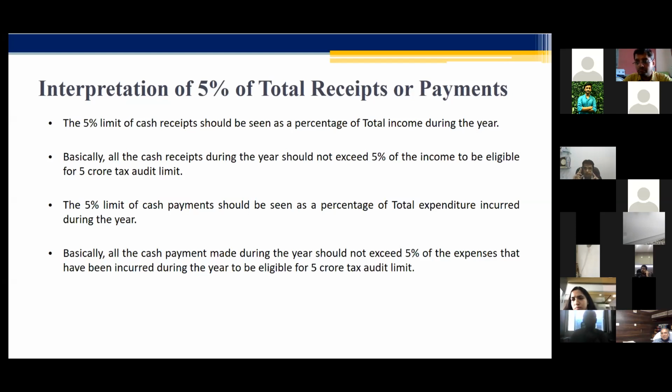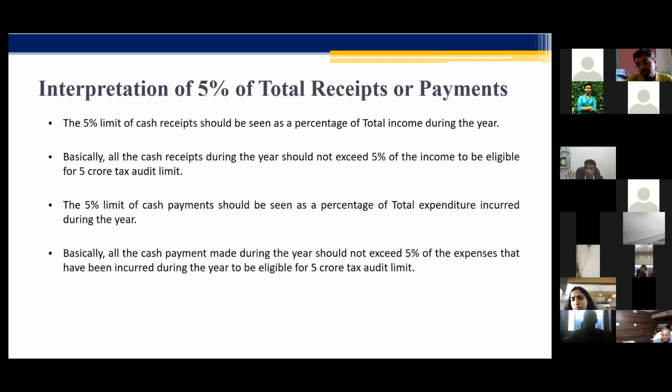that when the explanatory memorandum to the budget came in, at that time the words which were used, it never said an inclusive definition. The inclusive definition has never been used in the explanatory memorandum. I will just read it. What did the explanatory memorandum say at that moment of time? Condition number 1 said, aggregate of all receipts in cash during the previous year does not exceed 5% of such receipt.